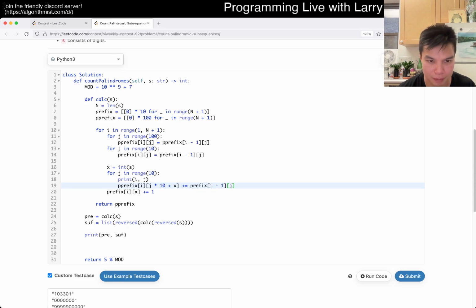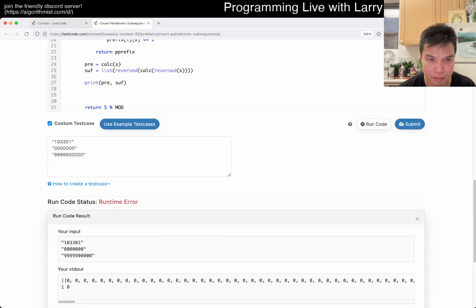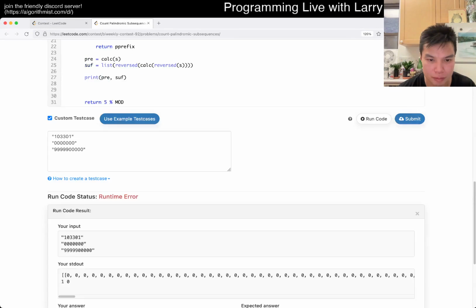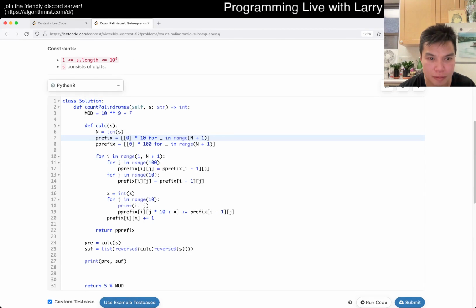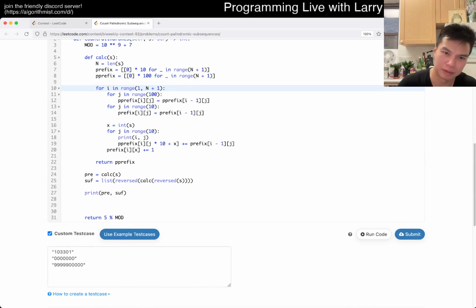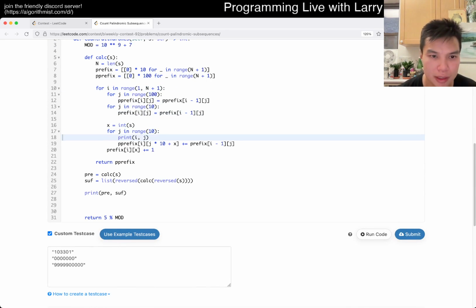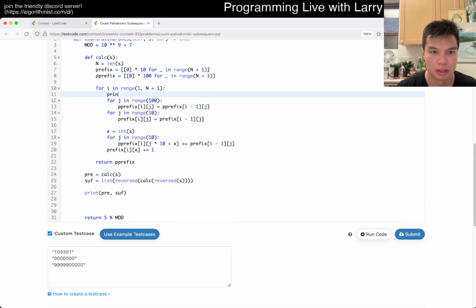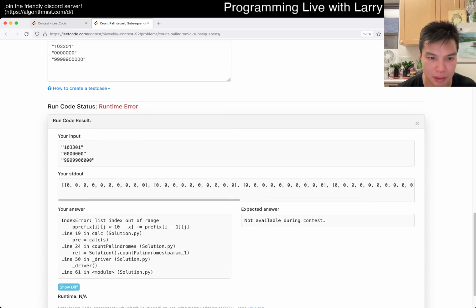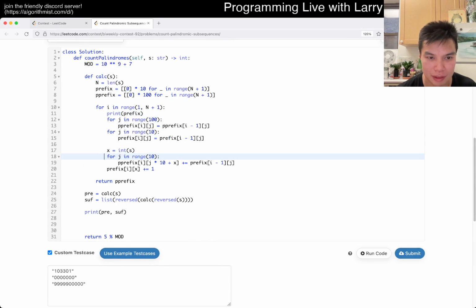Yeah, that should be fine. Why am I debugging this stupid thing? Come on, man. This looks okay. So why are you giving me an issue?